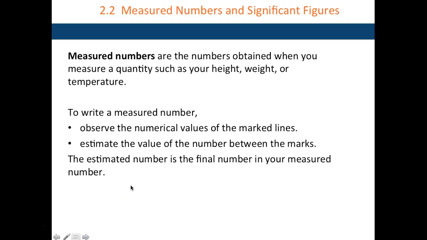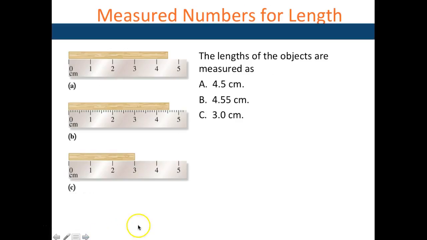Whenever you have a measured number, you have a numeric value and then a unit associated with that number. The unit tells you what type of measurement you are doing. If you see centimeters and meters, it's a length measurement, if you see liters, it's a volume measurement, and if you see grams or kilograms, it's a mass measurement. Now in any measurement, there is going to be uncertainty in the last digit that is recorded, and that digit is called the estimated digit.